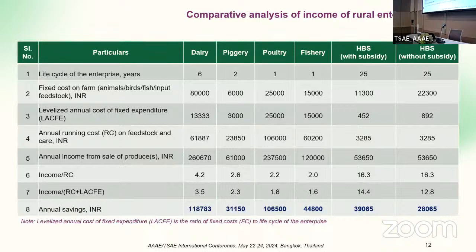When we looked at total net expenditures and the revenue generated per unit of recurring expenditure and per unit of capital expenditure, biogas stands up. So it should go and it can go.